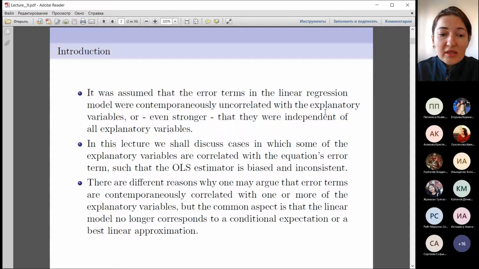And of course, there exist different reasons why these error terms could be simultaneously correlated with one or more than one independent variables. So today we discuss all these reasons, and they are really very, very important. So it's really very important that you will understand this topic very clearly.